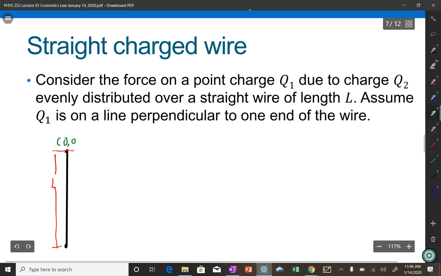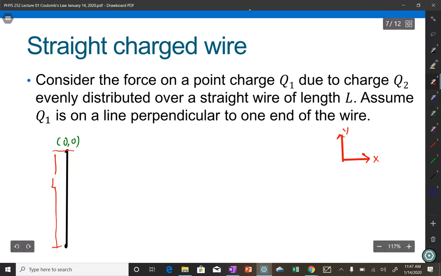So the top is 0, 0. I'm just using XY coordinates. In fact, let me draw my coordinates. So my coordinate system is going to be like that.